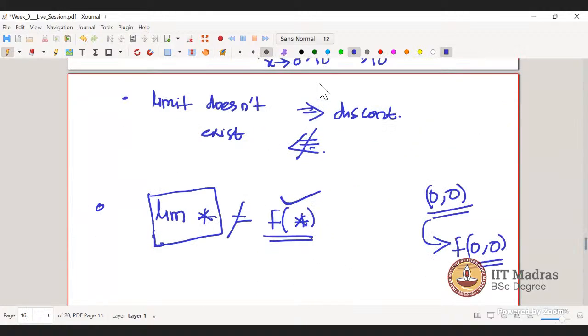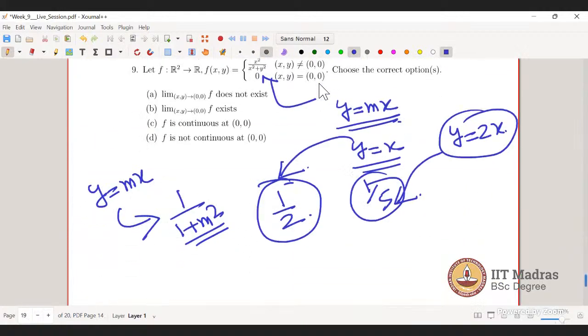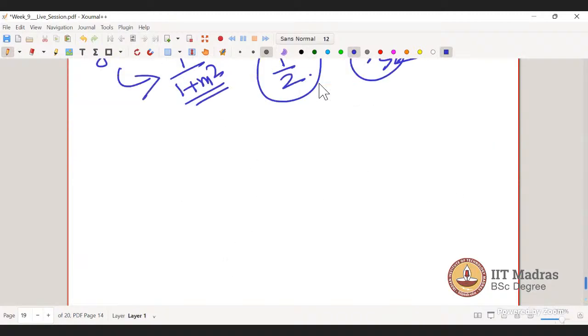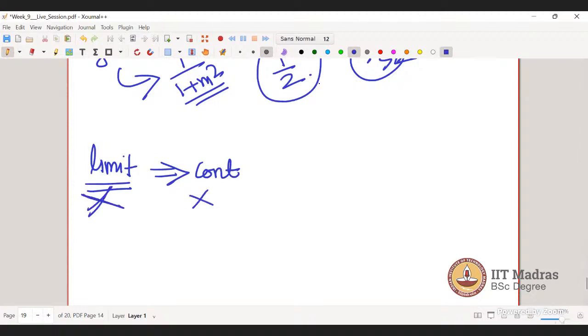Once you know the limit exists, then only you can talk about continuity. If this is not true, then this cannot be true. Once you have continuity, then you can talk about differentiability. If this is not continuous, then certainly it cannot be differentiable.